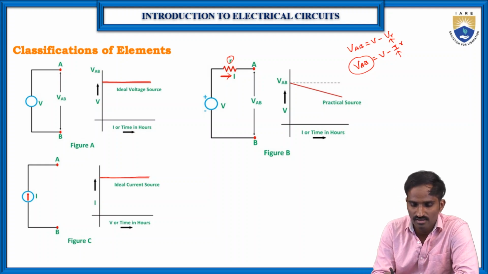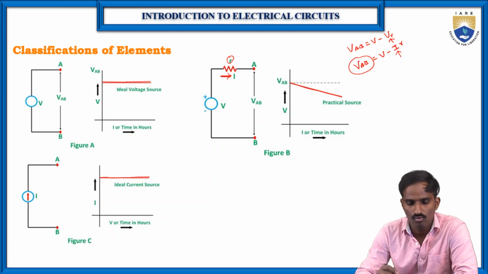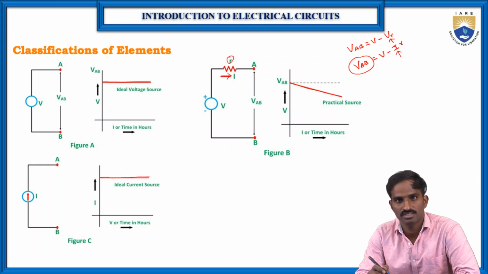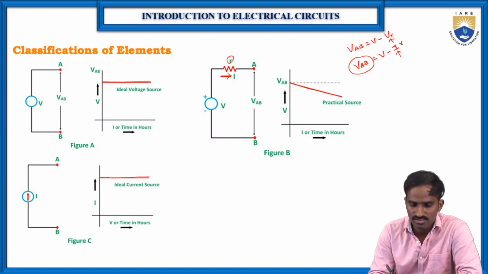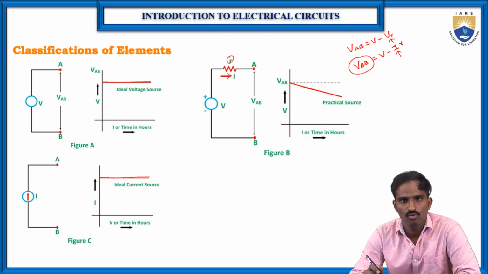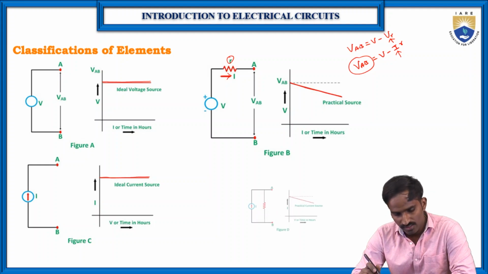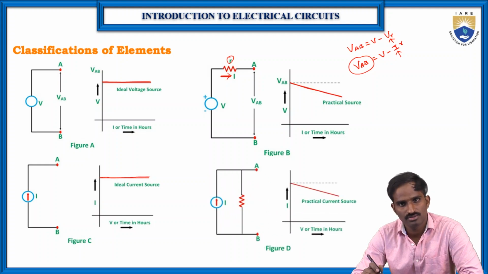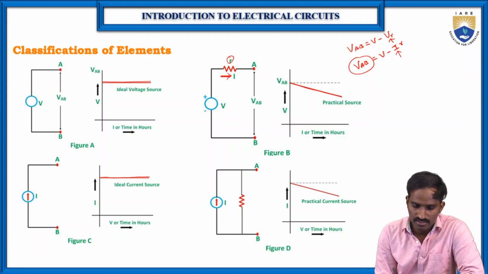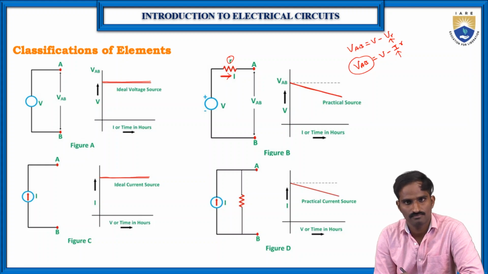So that's why this is the practical source. The voltage across VAB is not constant; it depends on the current flowing through the internal resistor. Okay, so this is the practical voltage source. And coming to the practical current source, the internal resistor is in parallel with the current source.